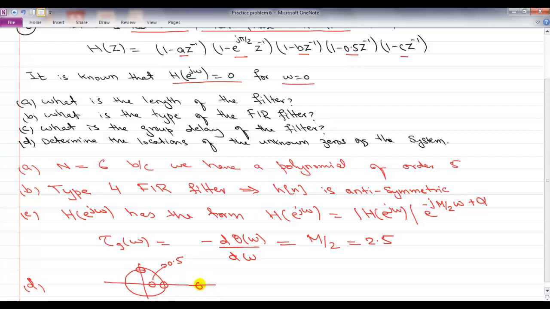Okay. So I'll get a 0 at z equal to 2. If I have a 0 at z equal to e to the j pi by 2, where else should I have a 0? So I get another 0 at z equal to e to the minus j pi by 2.